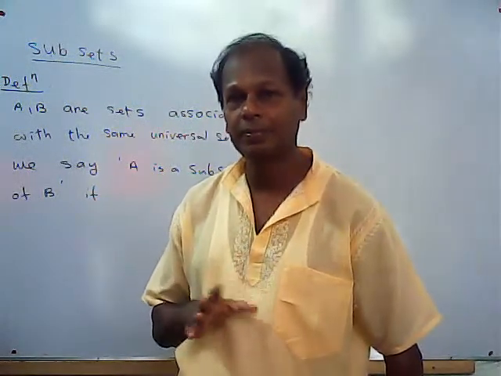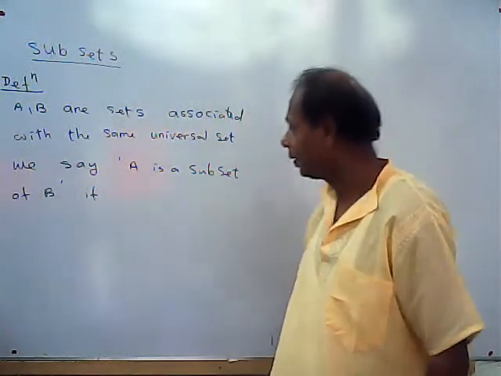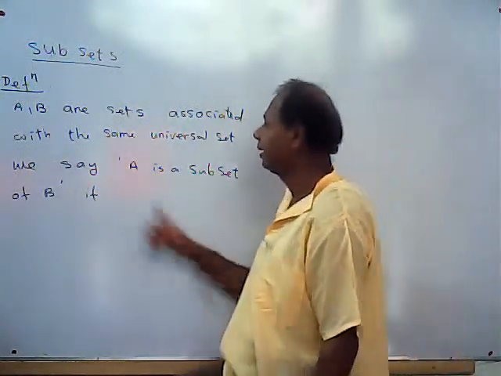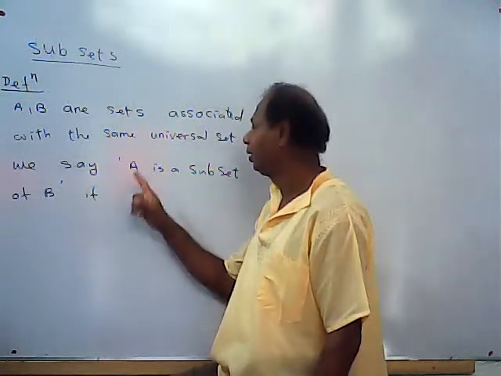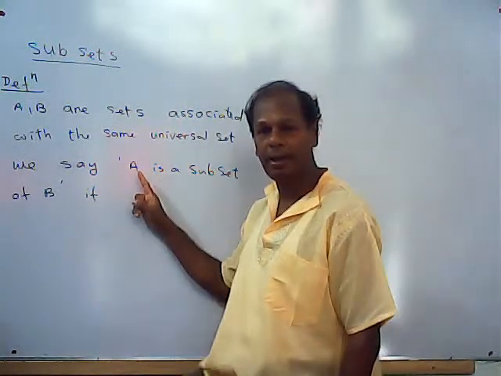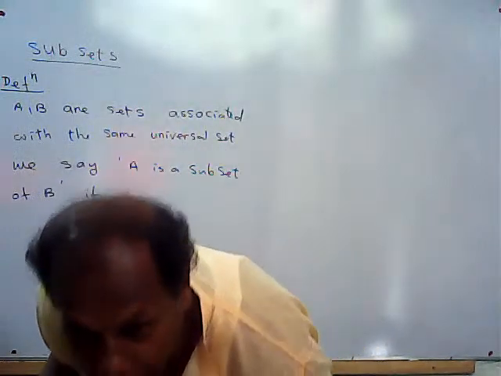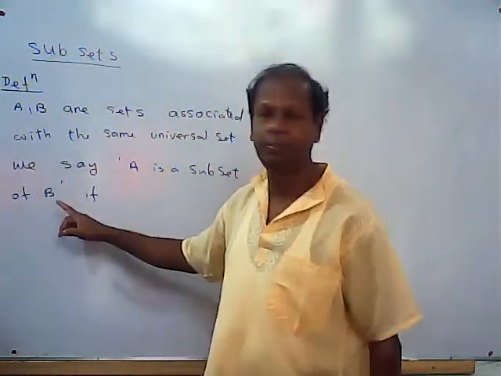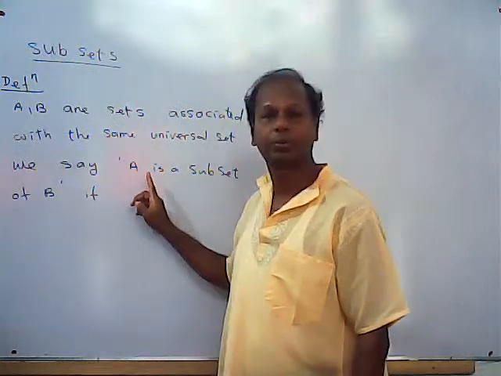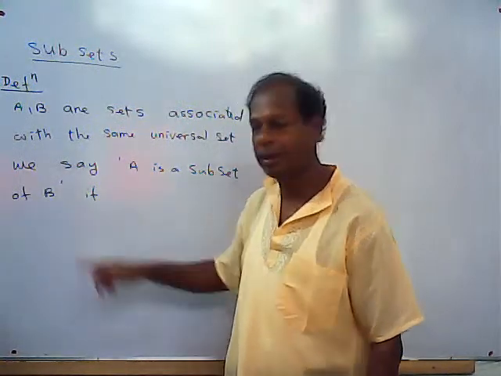Subsets and null sets. Right. We say A is a subset of B if all the elements of A are in B. That means anything belonging to A should be in B, right?